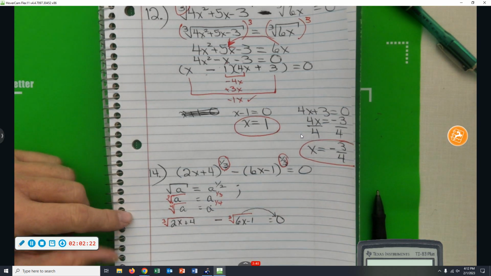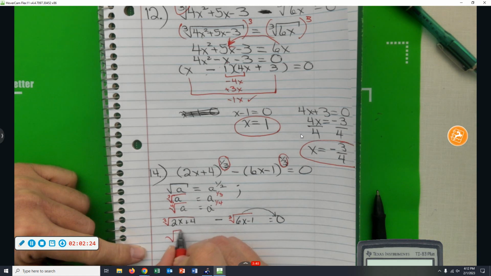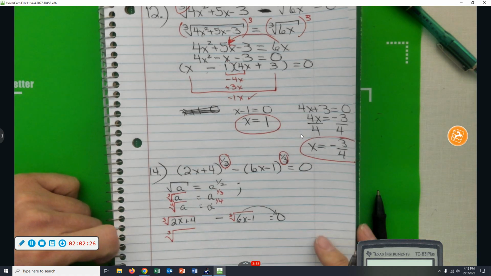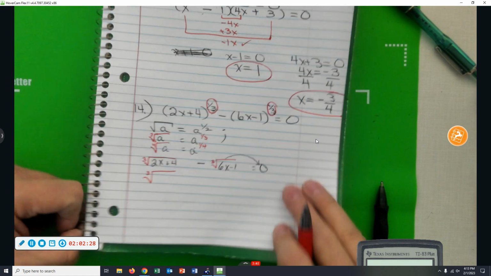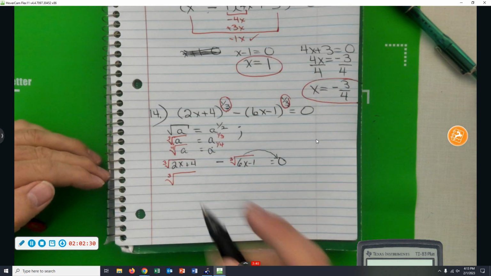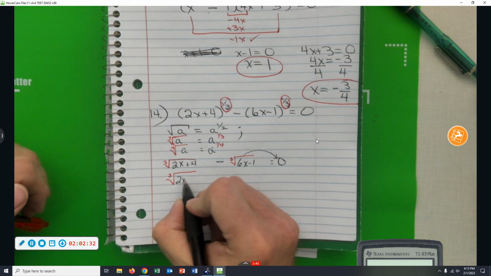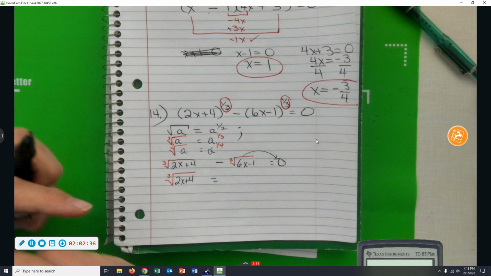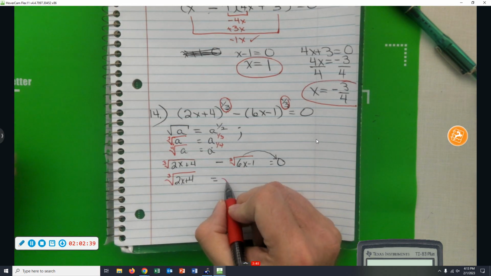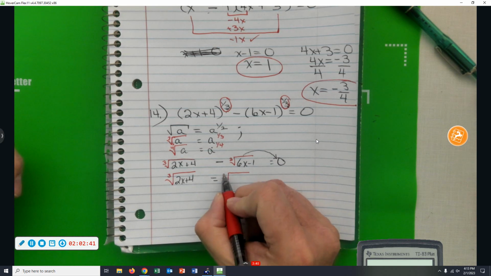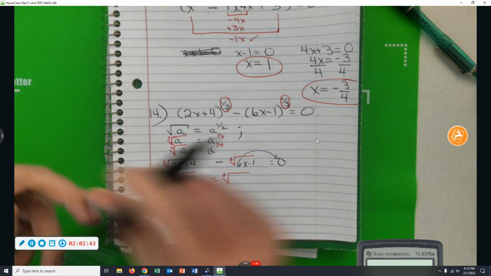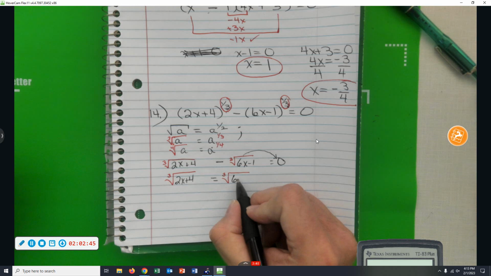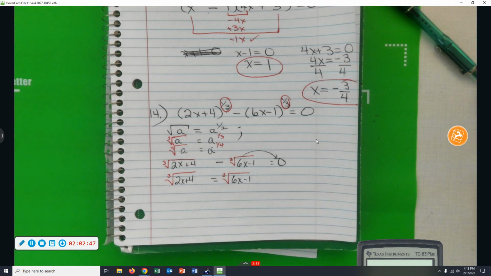So we have the cube root of 2x plus 4 equals what? Is it the cube root of 6x minus 1? Y'all have gotten mighty silent.